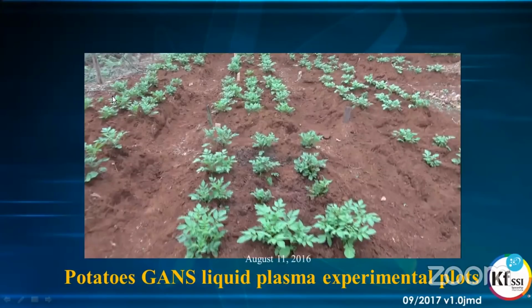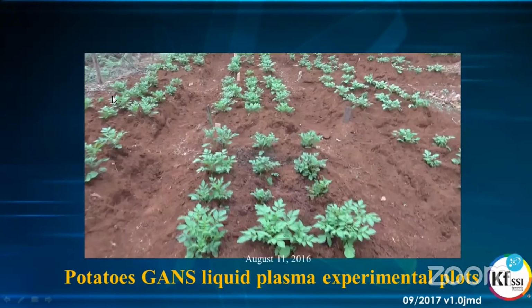Usually in conventional agriculture, the way you do experiments is you grow them side by side and then look for which ones grow better depending on the treatments you apply.